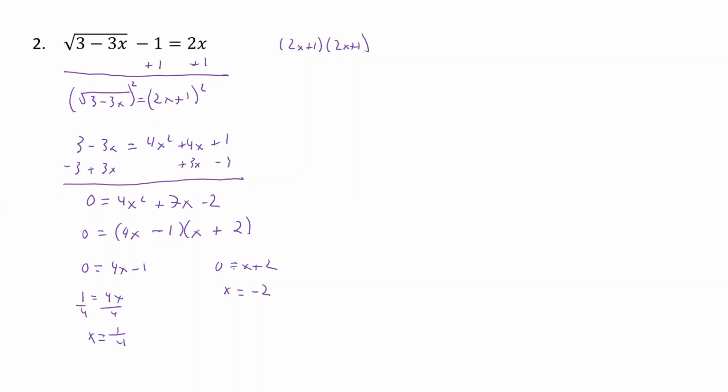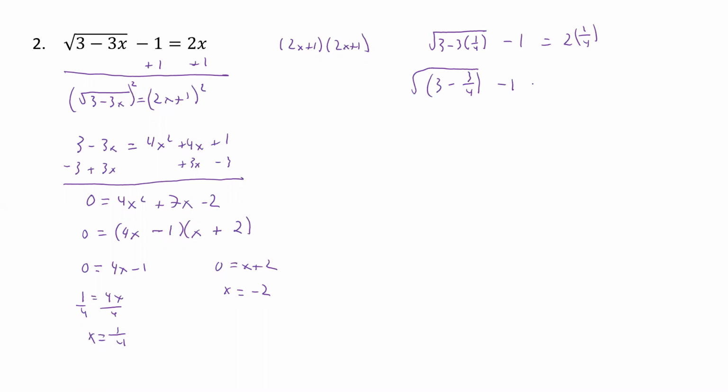Okay. All right, well, if we plug these back in to verify, we'll have the square root of 3 minus 3 times 1/4, and then minus 1 equals 2 times 1/4. All right, so here we have 3 minus 3/4, and that's a square root.